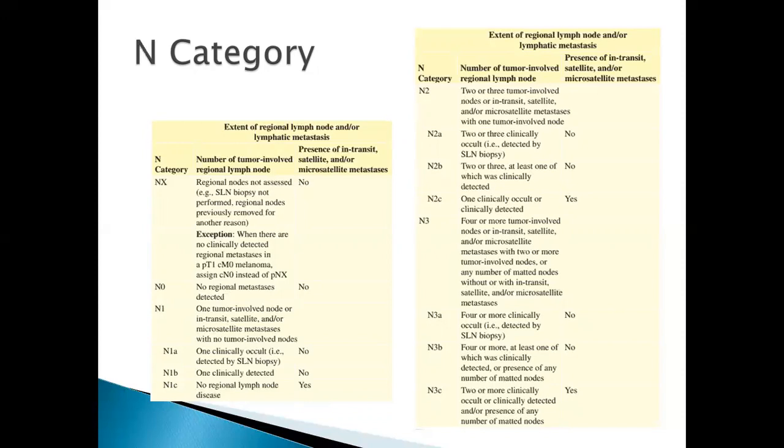For our cases in class, if it does not state that there are any of these, then just assume there are none, okay? If your case has these present, I would state it in the case summary. So when you are assigning the N category, look for the number of positive lymph nodes, whether they were clinically positive or negative. Then go to the next column and find the yes or no for your subcategory.